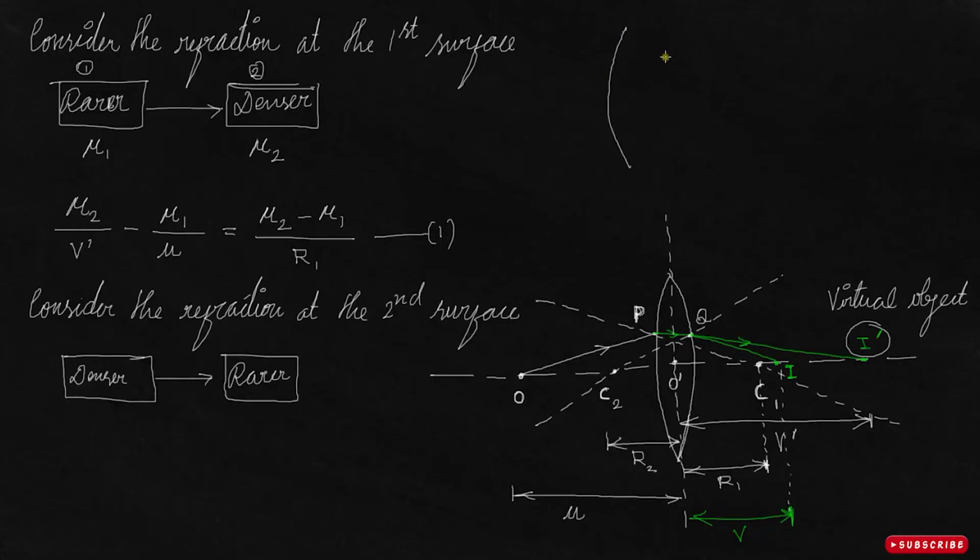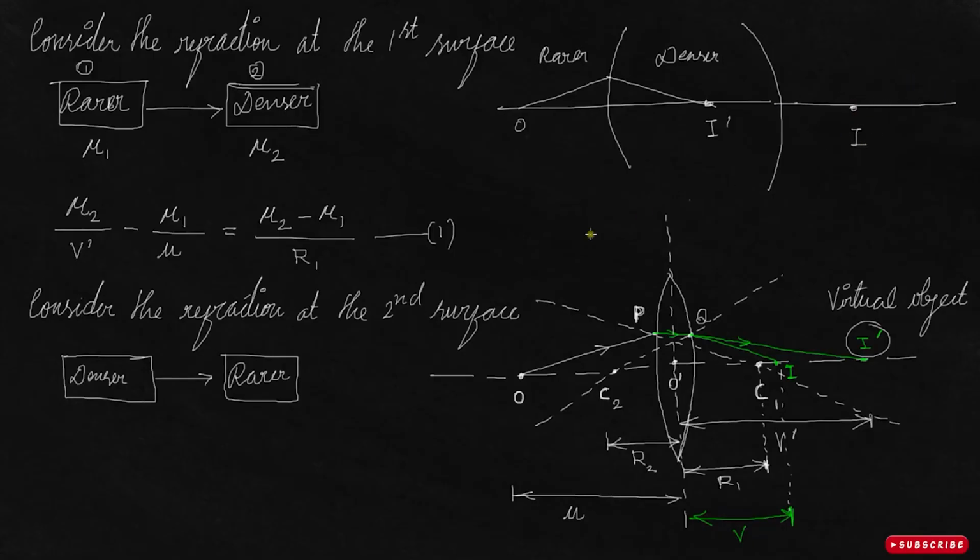So this is the denser part. This is the rarer part. So this is the object and I dash is formed in the denser medium. Okay. So this I dash lies in the denser medium. And now it is moving from denser to rarer.